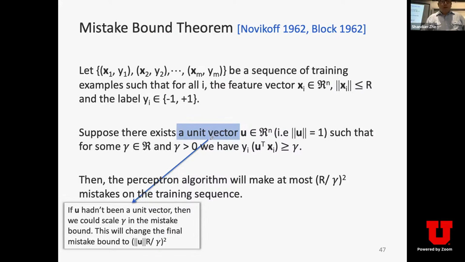If u is not a unit vector, then the bound won't be like this. You have to include the norm of u in the bound. But for convenience, let us assume u has already been normalized, meaning that its norm is 1. Then the number of mistakes the perceptron makes during training will be at most the largest length of the training vectors divided by the margin of the separating hyperplane, squared. That's what the Mistake Bound theorem reflects.